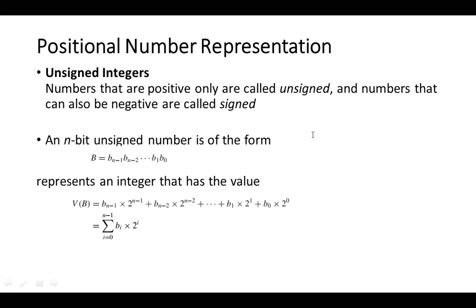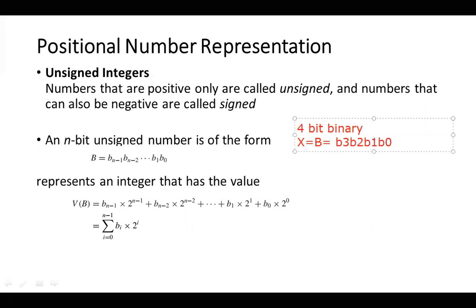Now, how do we represent an n-bit number? Say, let me represent a 4-bit binary number. How will I write? B3, B2, B1, B0. So this is the binary number. Let me call this number B, or whatever name you want.